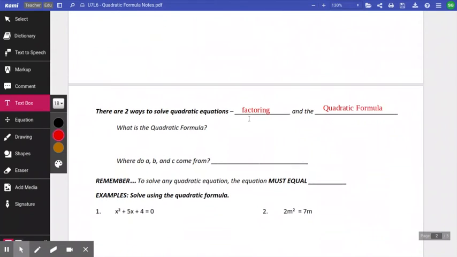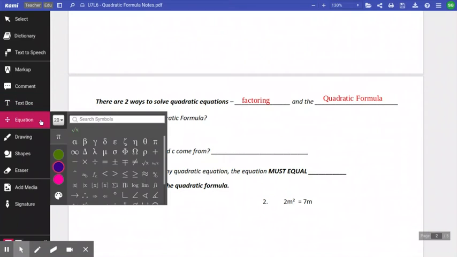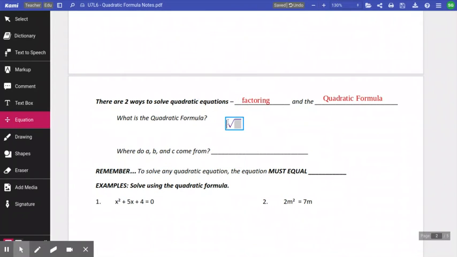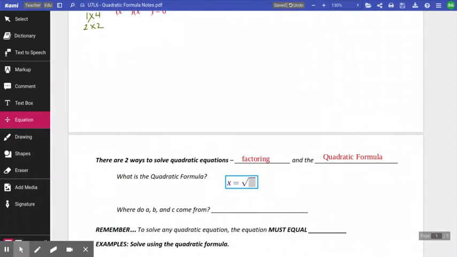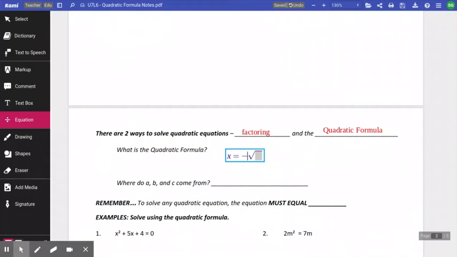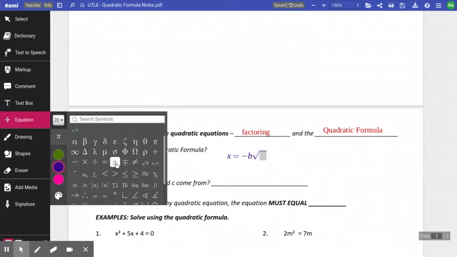The downside of the quadratic formula is the quadratic formula looks like this. It starts off with x equals, because what we're trying to do is solve for x, remember? It goes x equals negative b plus or minus, which I need a fun looking symbol like this to insert right now.